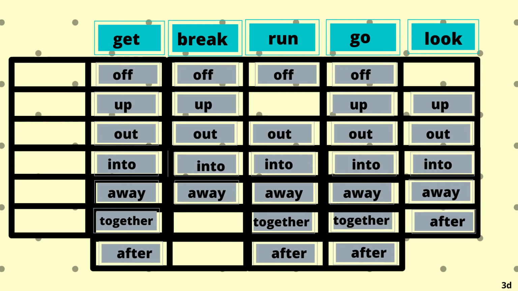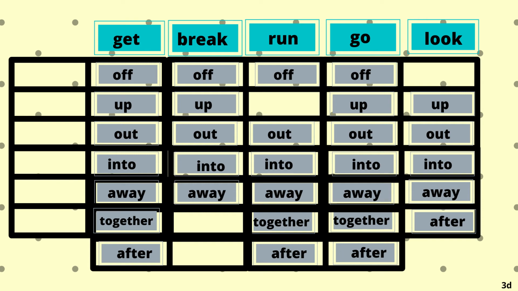Okay, class, as you can see, many of those prepositions can be used with all of the verbs, making many different verb phrases. So let's go ahead and look at some examples of these phrasal verbs. You don't have to have them in order like I do. Just check to see if you have the right idea.